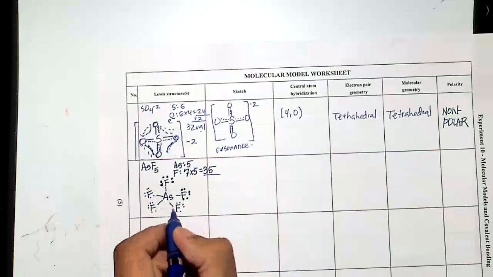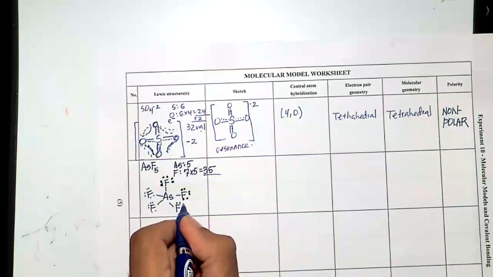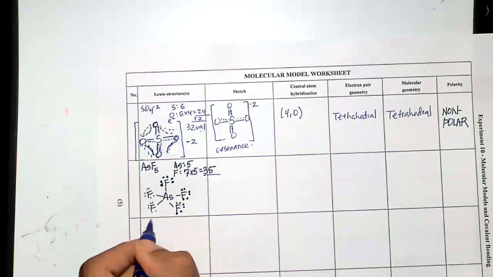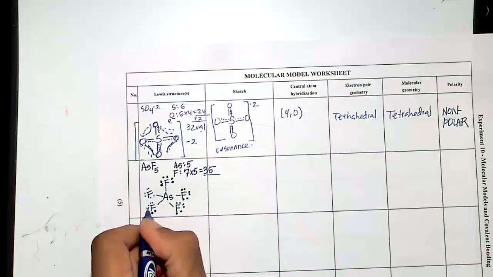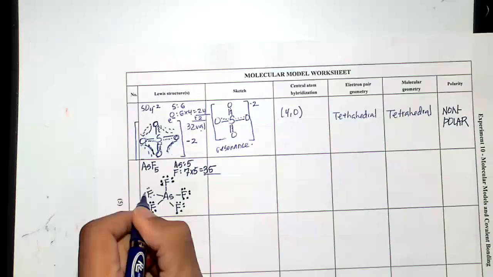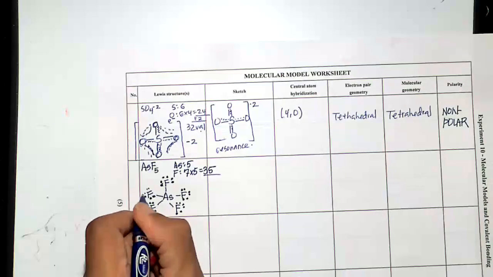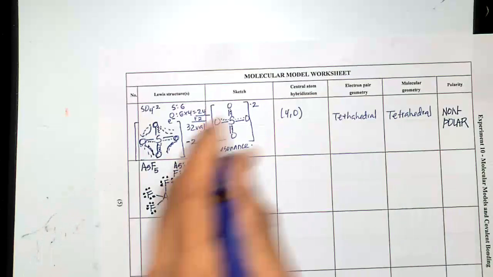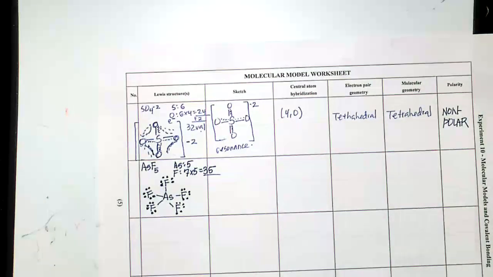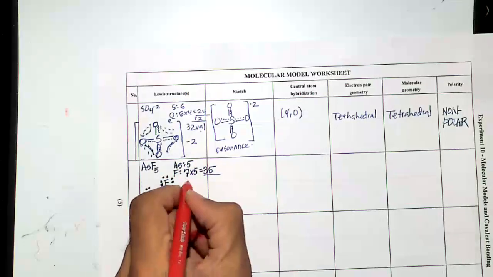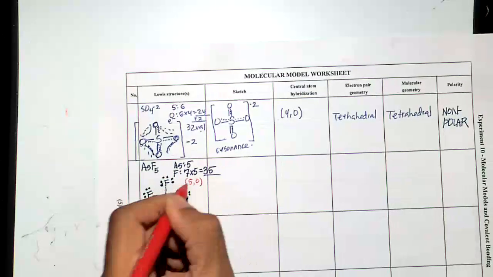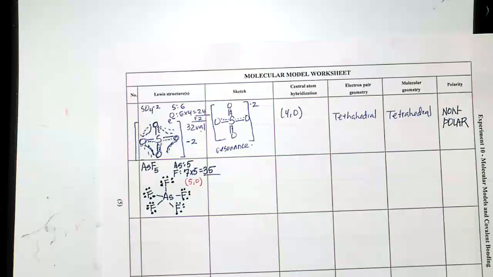Okay, how many bonds and how many lone pairs? Five bonds, 0 lone pairs. What's 5 bonds and 0 lone pairs? Okay, what's 5 and 0?